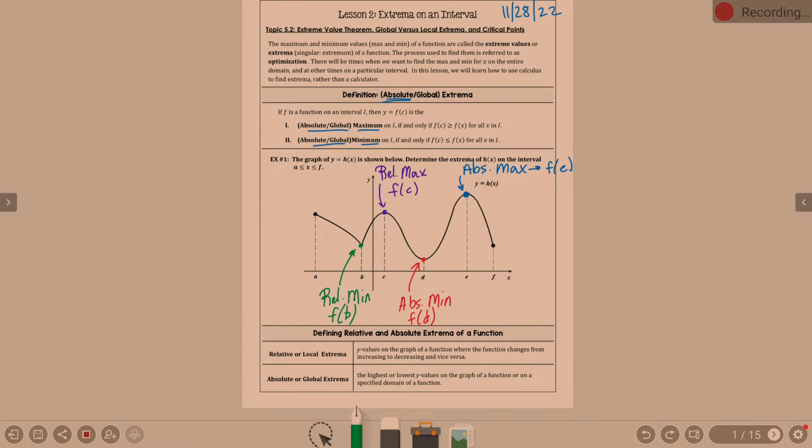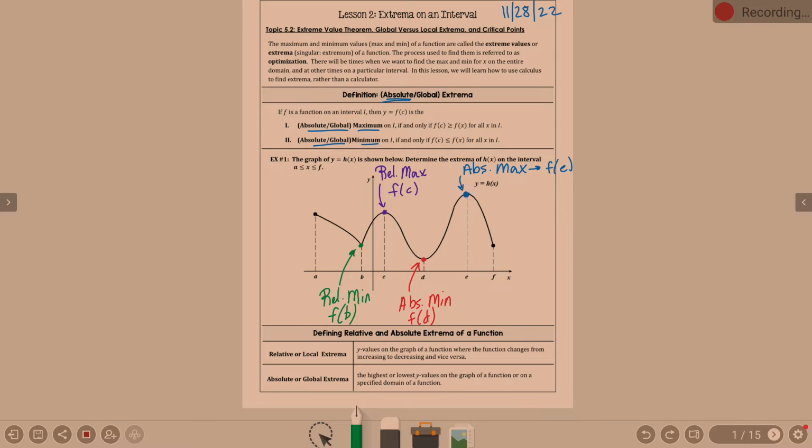Okay? When we're talking about extrema, we generally are just talking about the pieces in the middle. We're not talking about the endpoints. We will talk about endpoints a little bit later on in this lesson, but when you're just asked to find extrema, it usually refers to the pieces within the interval.